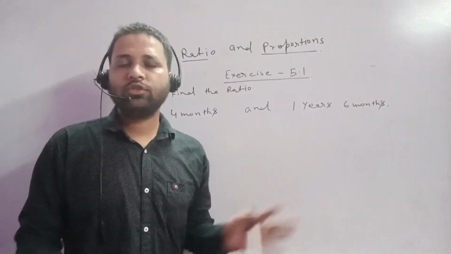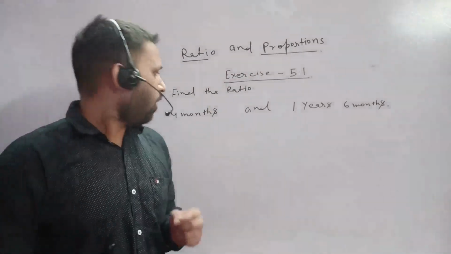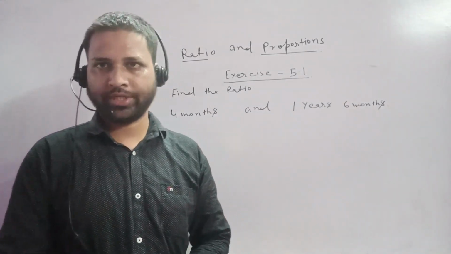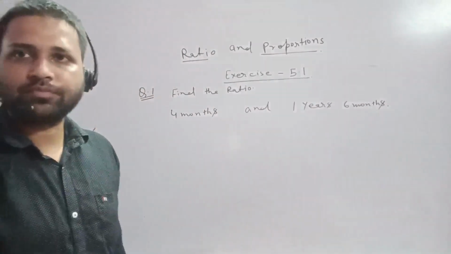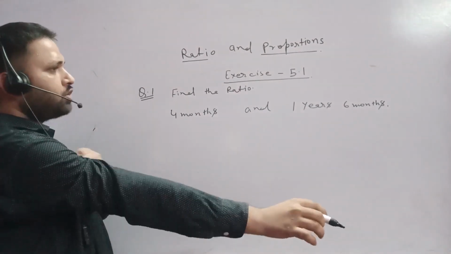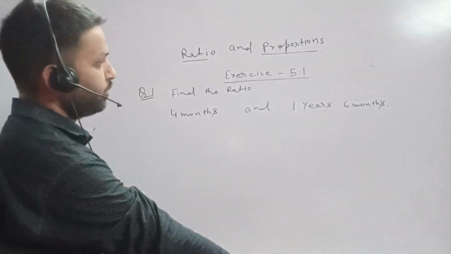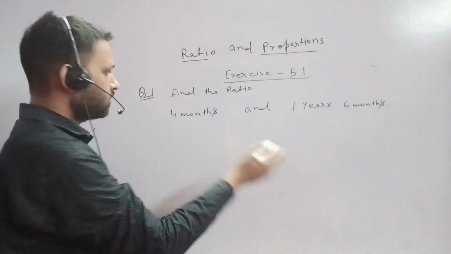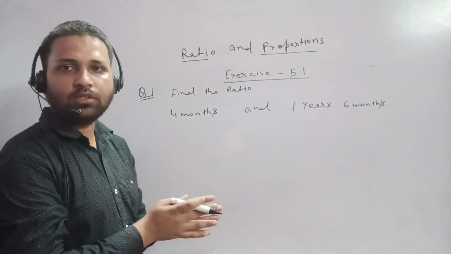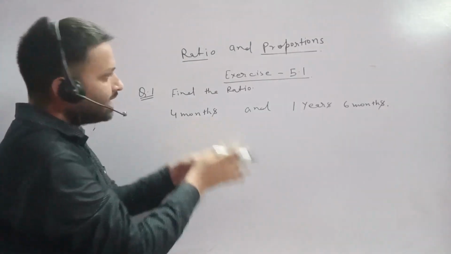Now we are going to find the ratio of 4 months and 1 year 6 months. First of all, we check whether they are in the same units or not, because we compare two numbers of the same units.